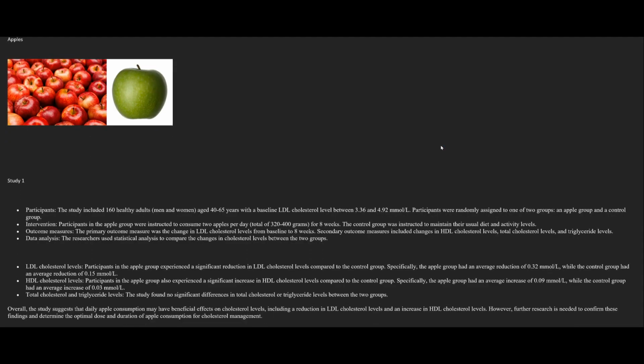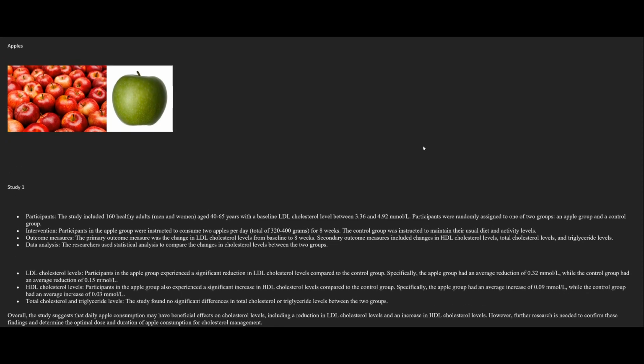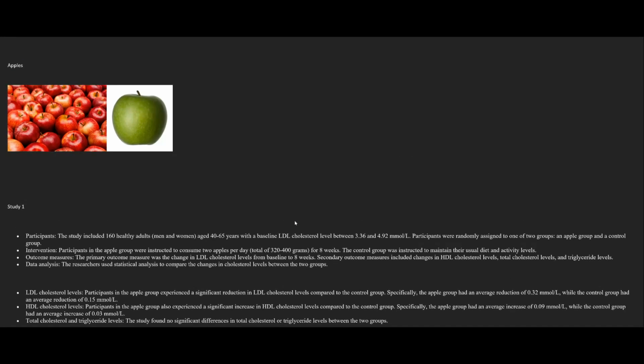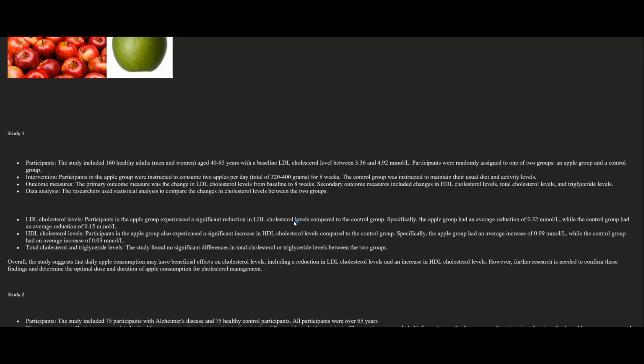Now we're gonna go through health research. Okay, apples. Study 1. Participants. The study included 160 healthy adults, men and women, aged 40 to 65 years with a baseline LDL cholesterol level between 3.36 and 4.92 millimole per liter.